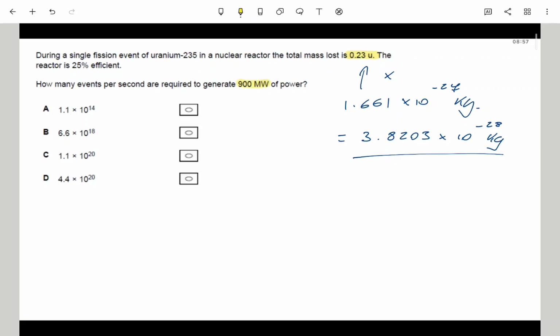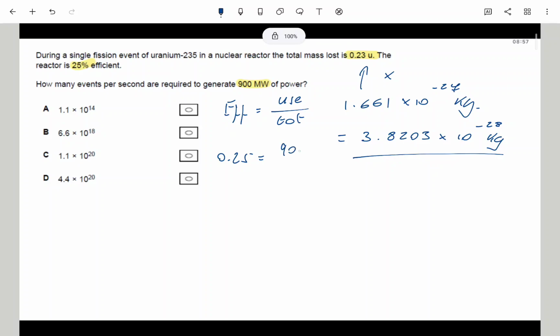Right, the other thing we've got to deal with is this. So it's 25% efficient. You're going to be careful. So it says required to generate. So if you do your efficiency equation, efficiency is useful energy transfer divided by total energy input. So our efficiency is 25%, so 0.25. The useful is the required to generate, that is the useful power.